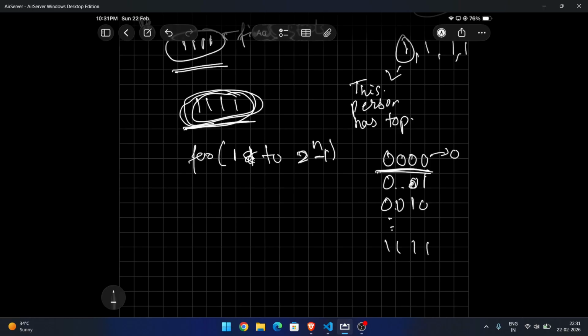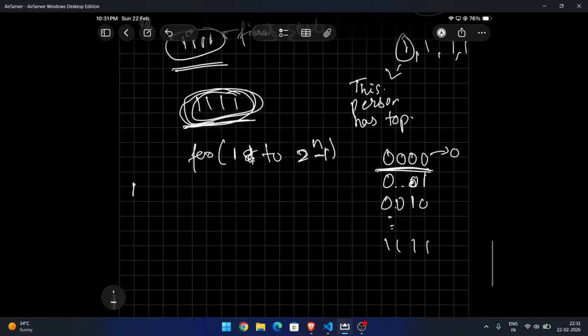Let's say this is the state we want to reach. We can't reach here from this state because there is already one person who has reached the top in this, and we don't want that person to be on the top.